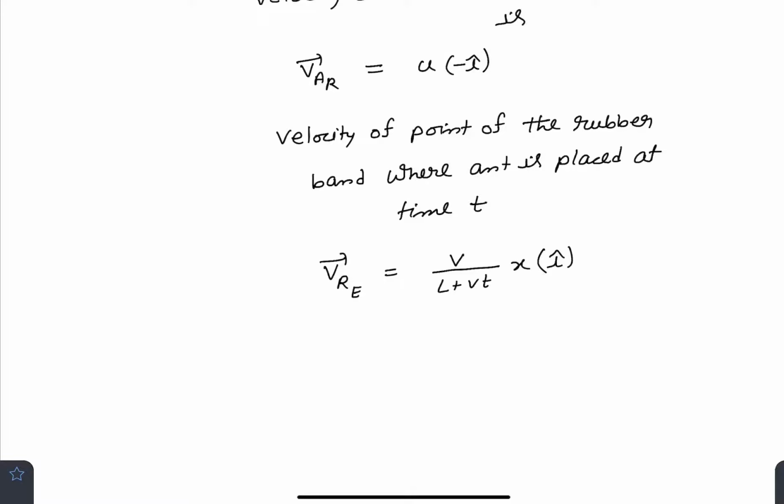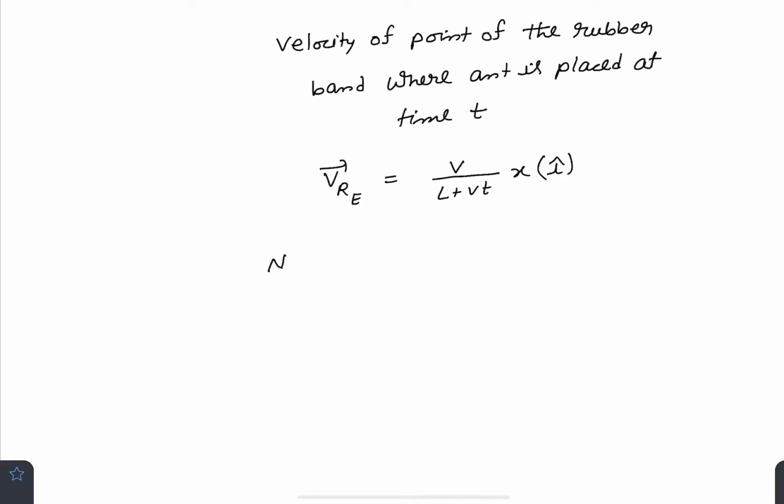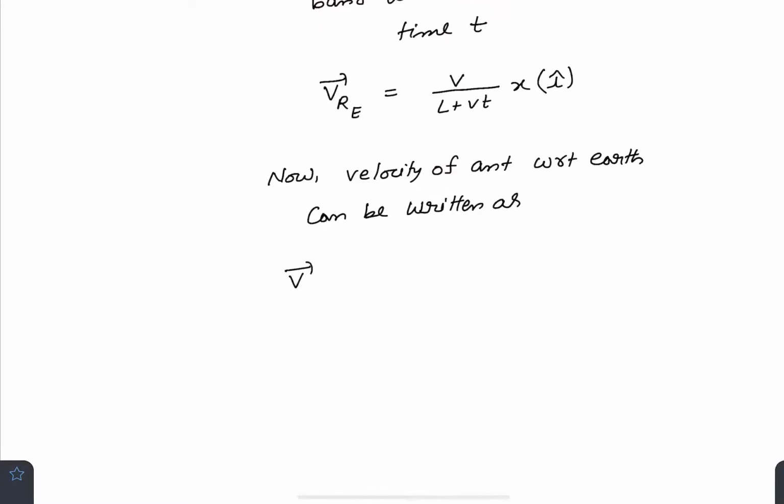Now we can calculate the velocity of the ant with respect to earth by using the simple relative velocity formula. The velocity of the ant with respect to earth is equal to the velocity of the ant with respect to the rubber band plus the velocity of the rubber band with respect to earth.